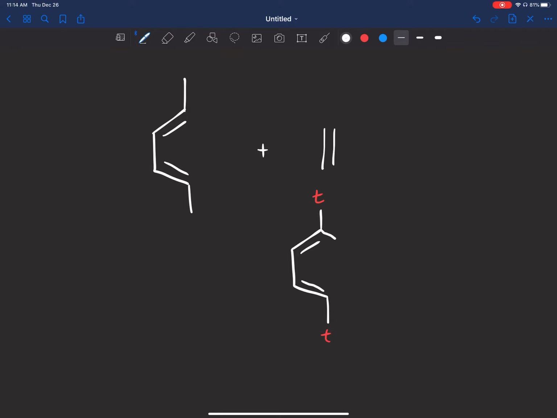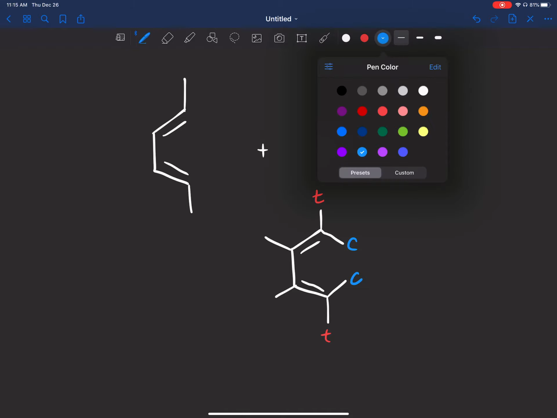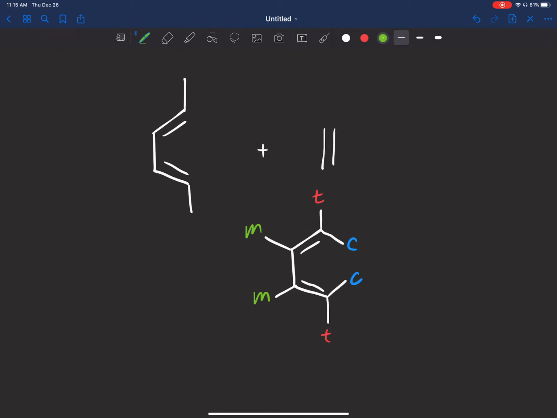If they point inward like this, they're cis. And any two groups over here, they have no stereochemistry, because remember, at the end of the Diels-Alder, we get a double bond right there. So any two bonds coming out of there will not have any stereochem. So we're just going to put H. All right, so keep this little guide in the back of your head, because it could definitely come in handy.